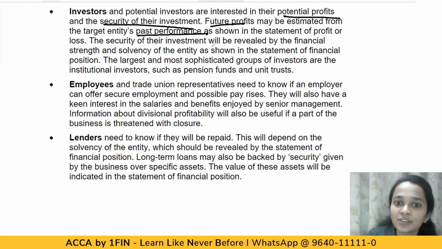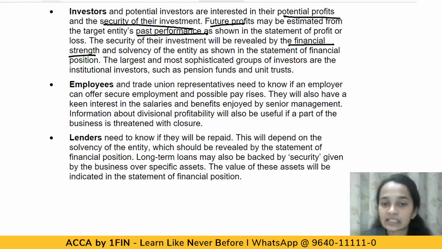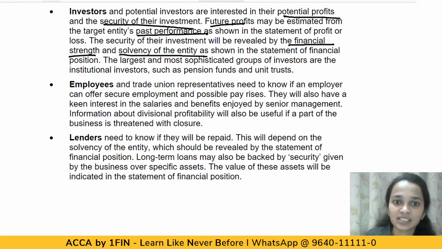And the security of their investment will be revealed by the financial strength and solvency of the entity. Solvency basically means that the company is in a position to pay off all its debts and liabilities. So the investors will analyze everything, and on that basis decide whether to invest in a company or not.